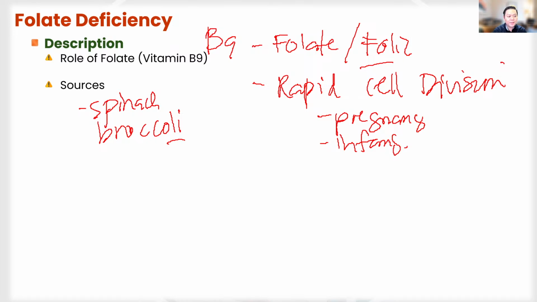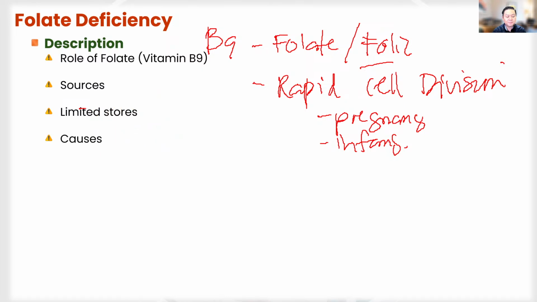Now let's talk about the causes of deficiency here. What do you think are the causes? We have several, guys. And of course, poor diet is one thing. If the person is not eating enough folate-rich foods, this can really lead to that deficiency, especially if they're going to be taking a lot of tea, maybe intake of coffee, or let's say they're just doing the tea and toast kind of diet.